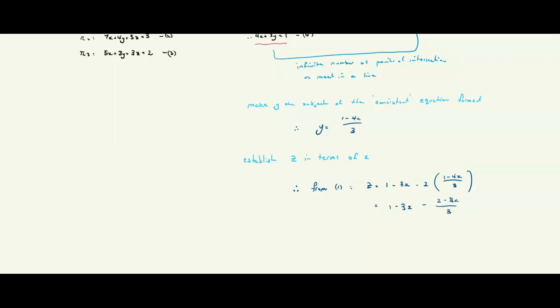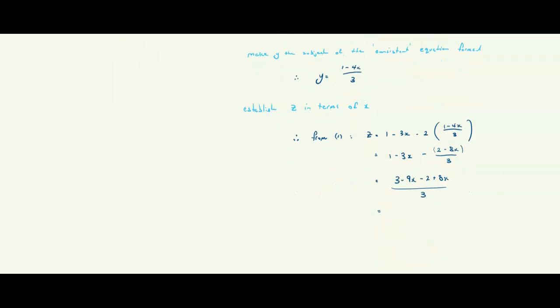If you can see that, that runs through as minus 2 plus 8x, which is fine. Then I'll put this all over 3, so I'll end up with 3 minus 9x minus 2 plus 8x, once that minus runs through these two terms, remember that's considered as a bracket, all over 3. What does this simplify back to? Minus 9x plus 8x, so I end up with minus x plus 1 over 3.